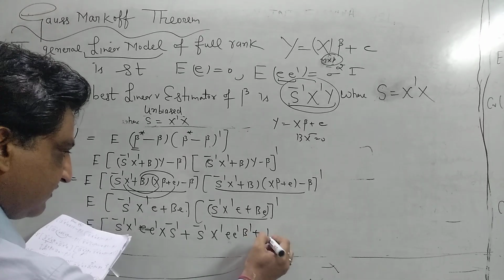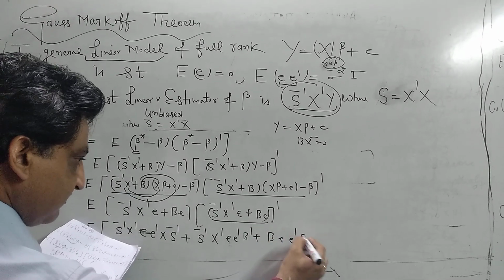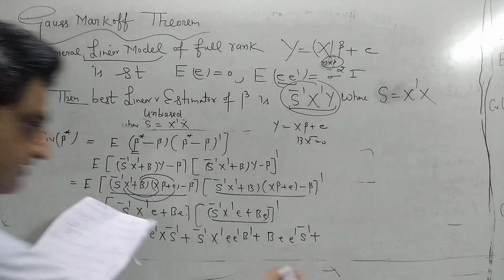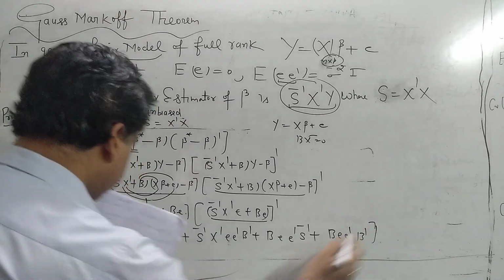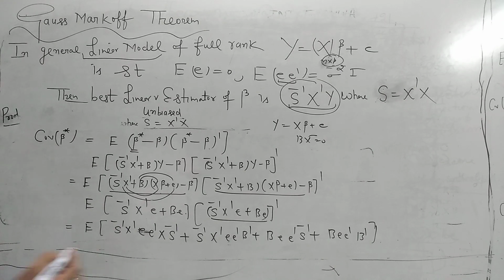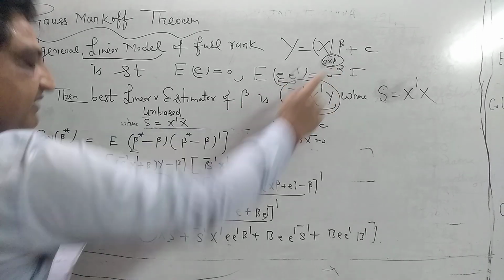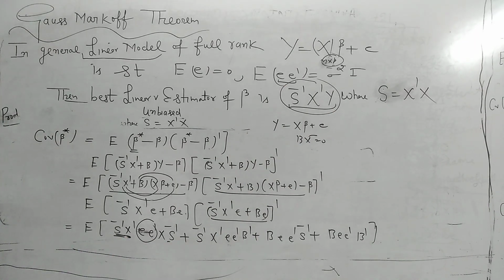And plus, I have not taken expectation yet. I use certain properties here. Now this is a scalar, so you will operate the expectation on epsilon epsilon dash; the expectation is sigma square I. These are matrices, so I will not do anything else. You are just left with a few things.